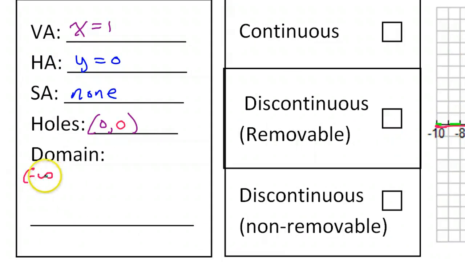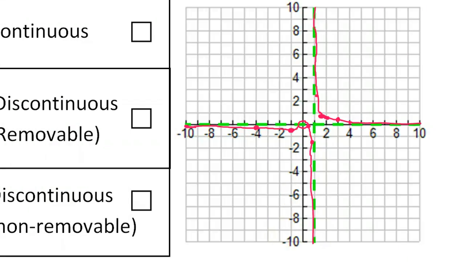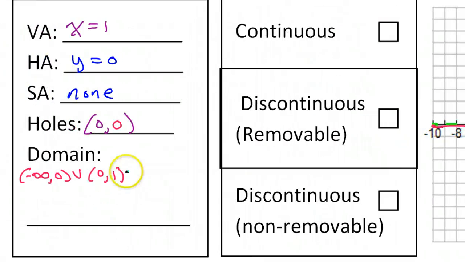Okay, I know it seems silly, but this is actually in two pieces over here. I've got this piece, and then I've got this little piece right here. We have to skip over the hole. And then we'll say 1 to infinity for this branch over there.